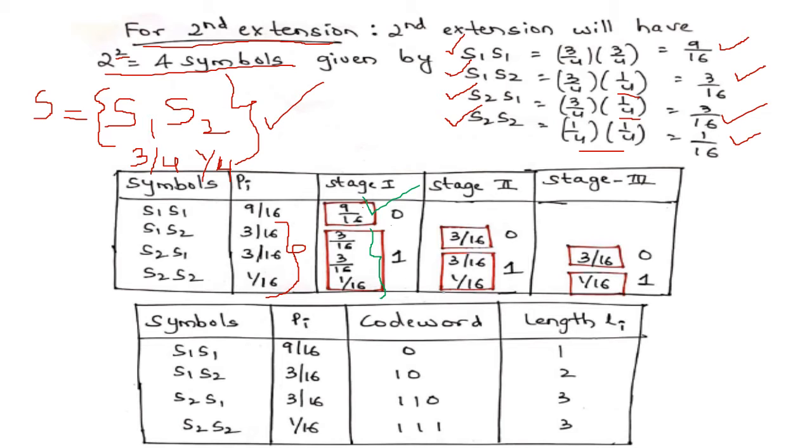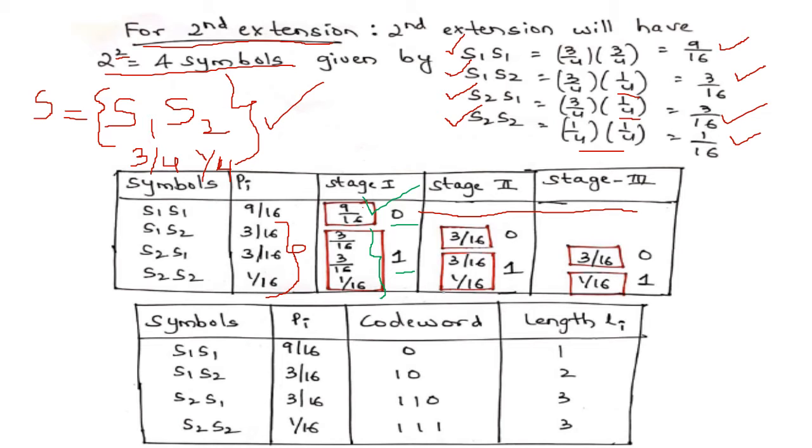So the first group is assigned 0 and the second group elements are assigned 1. In the first group we have only one element, so further subdivision is not possible here. Whereas in the second group we have 3 elements, 3 by 16, 3 by 16 and 1 by 16, so further subgrouping can be done here.